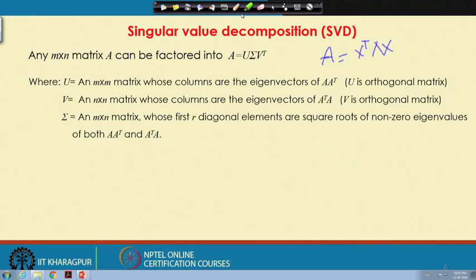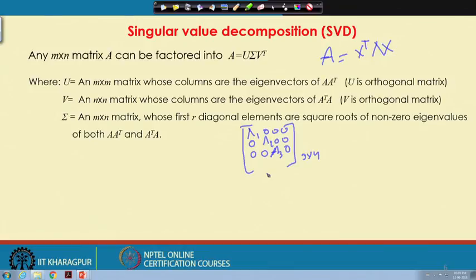So, sigma will look like, say, lambda 1 0 0 0, 0 lambda 2 0 0, maybe 0 0 lambda 3 0 if sigma is a 3 into 4 matrix. And these 3 are the number of independent rows and columns of A.